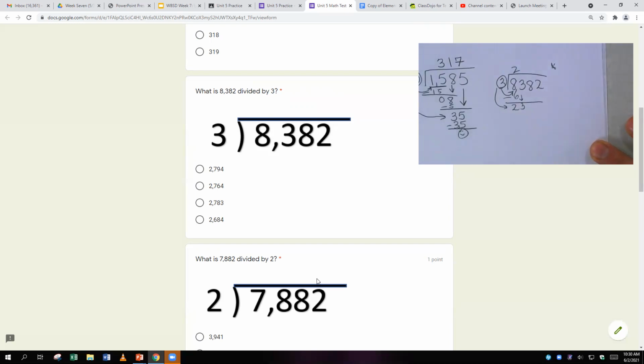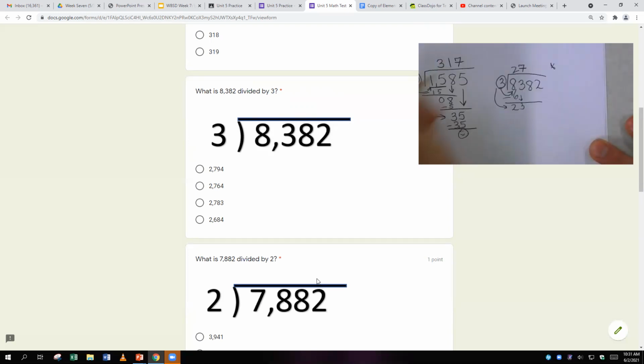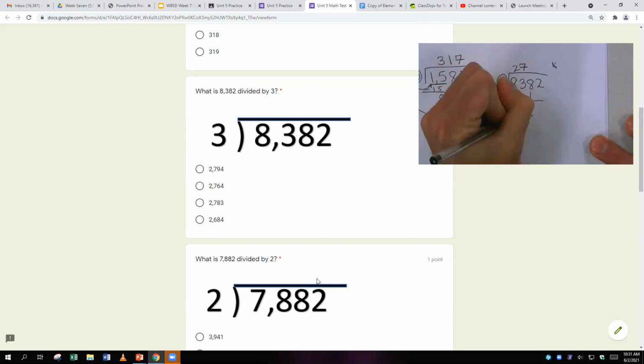How many 3s are in 23? Well, 6 times 3 is 18, 7 times 3 is 21, and 8 is 24. So you can't take away 8, but you can take away 7. And then after you take away 7, there's 2 left over.